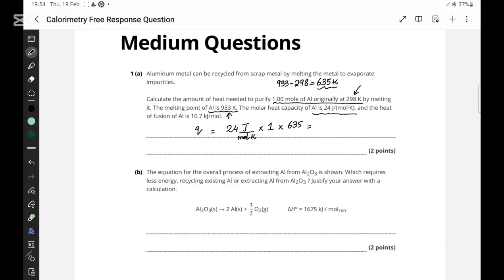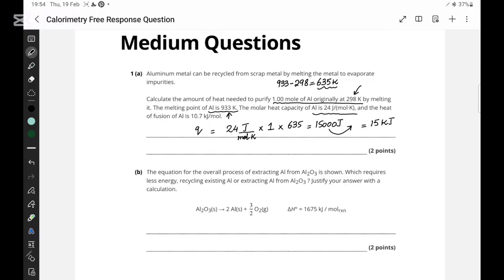The answer comes out to be 15,000 joules. First we convert it into kilojoules, that is 15 kilojoules, by dividing by 1000.